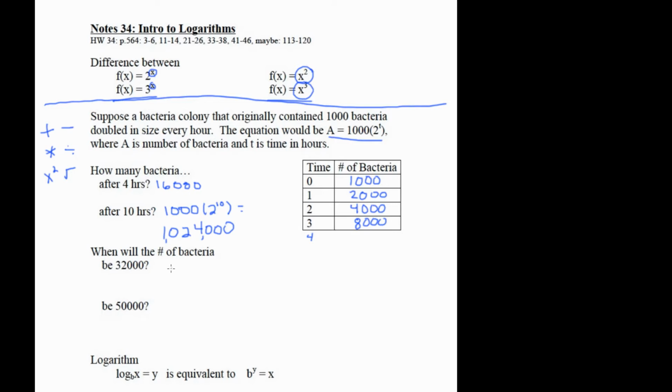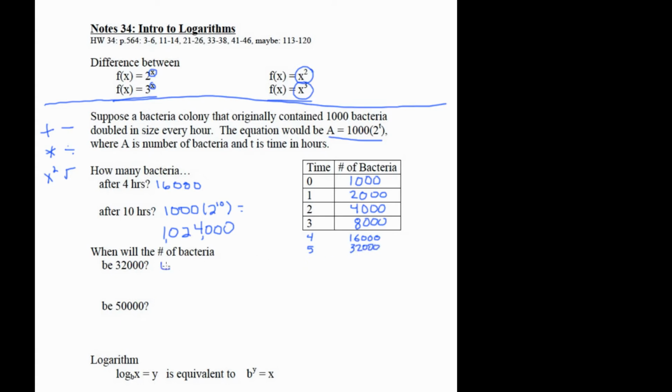But now let's say that we get this question. When will the number of bacteria be 32,000? Well, if we think about this, we can actually answer this question by our chart. What will happen during the next hour, in hour 5? Well, our bacteria is going to double again and we'll get 32,000.